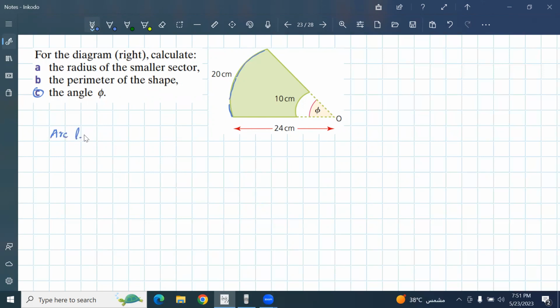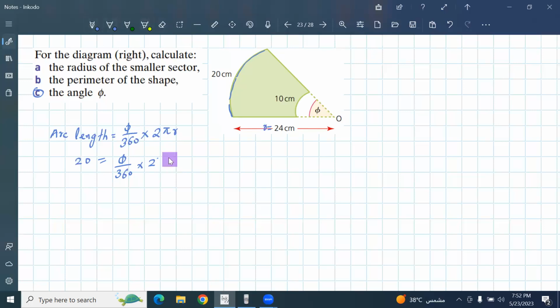Arc length is equal to phi over 360 multiplied by the circumference 2 pi r. So arc length is 20 and phi over 360 multiplied by 2 pi r. And we can see that the r of the bigger arc length is given, which is 24.